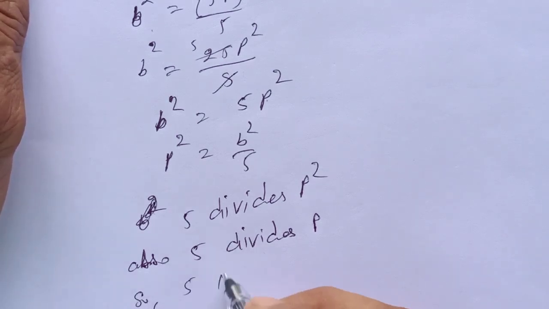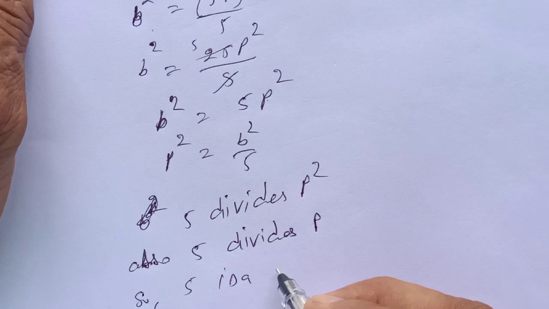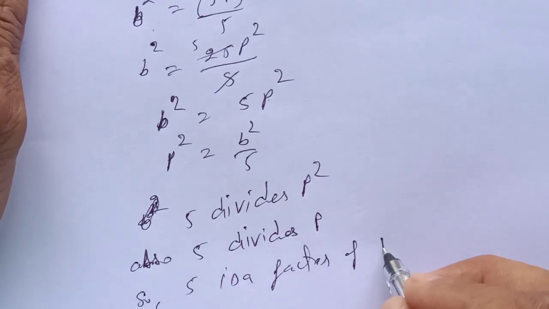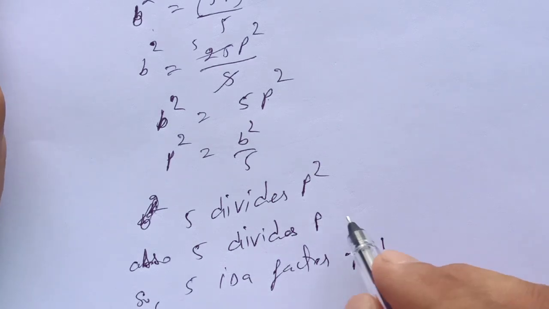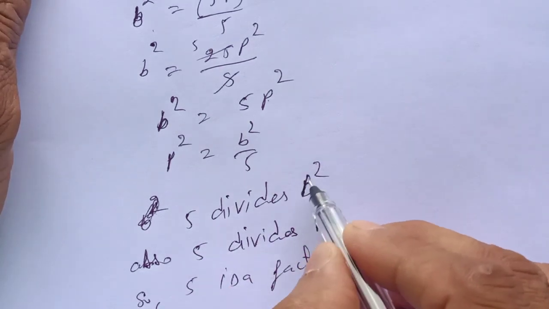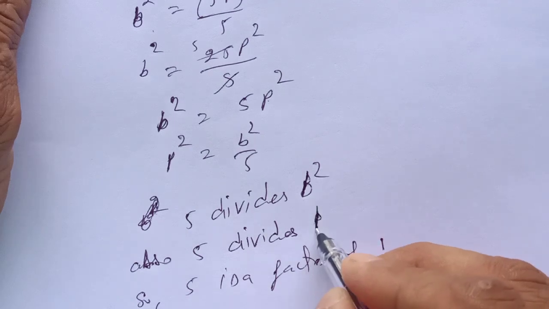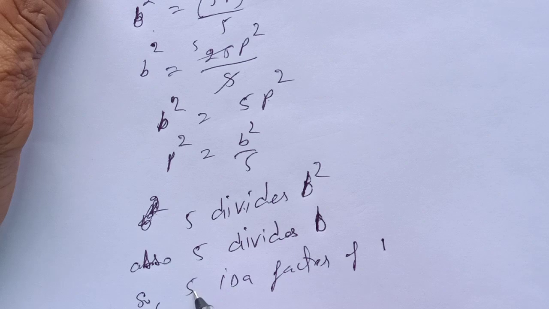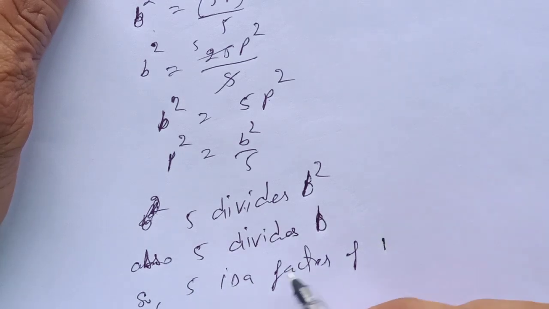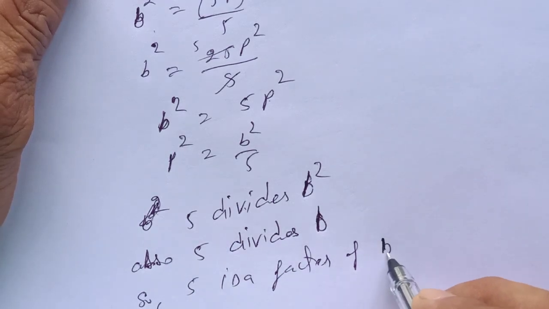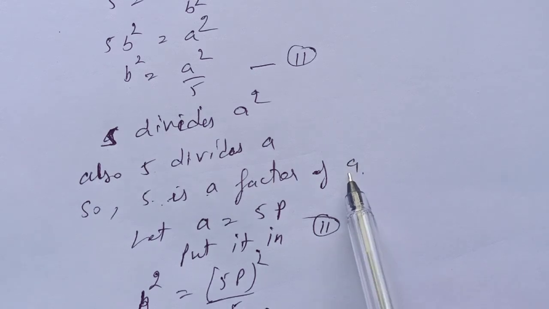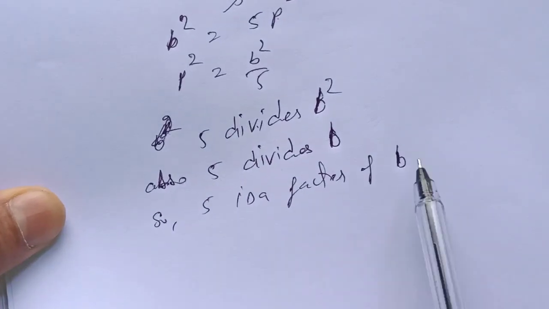So 5 is a factor of b. From this, 5 is a factor of a and 5 is a factor of b.